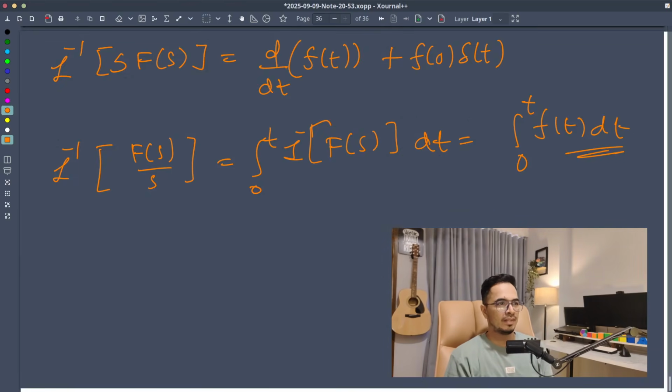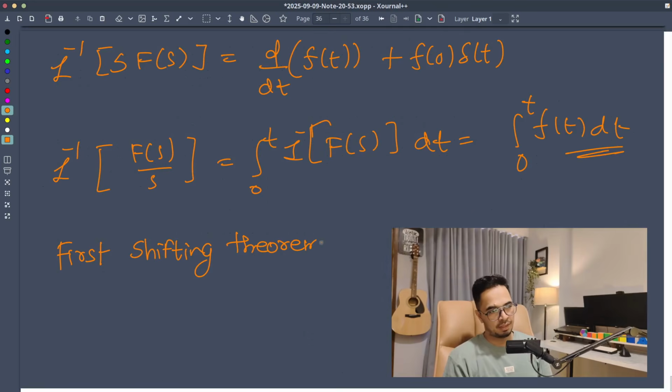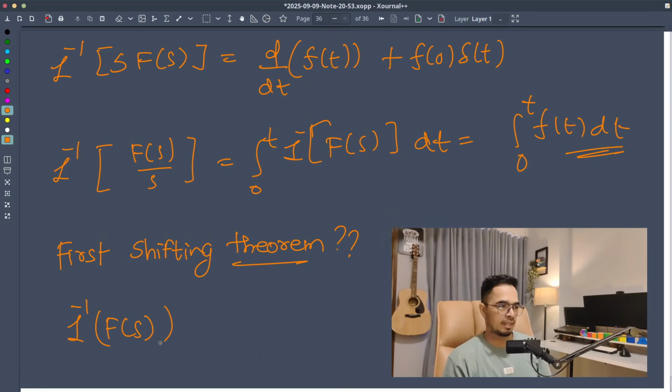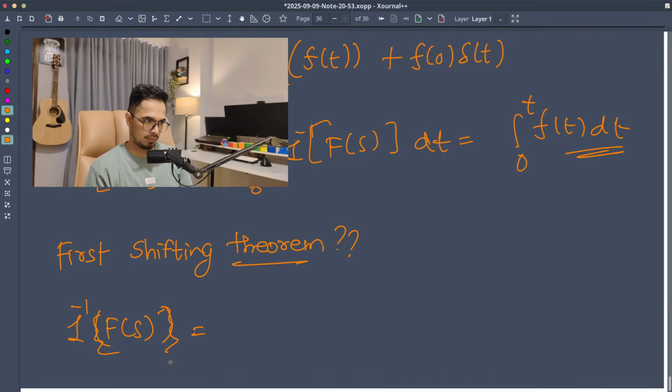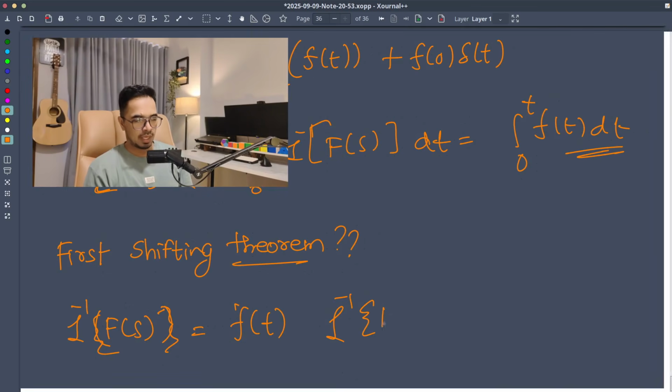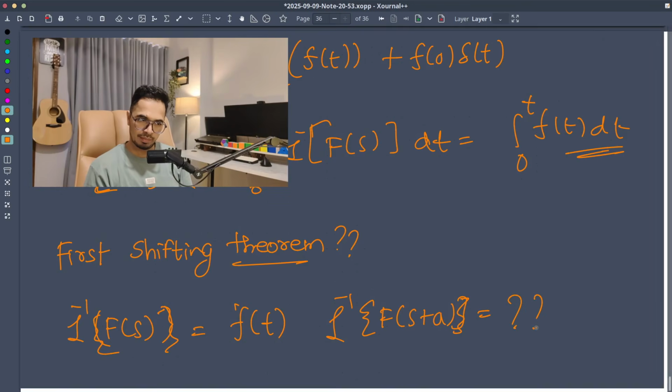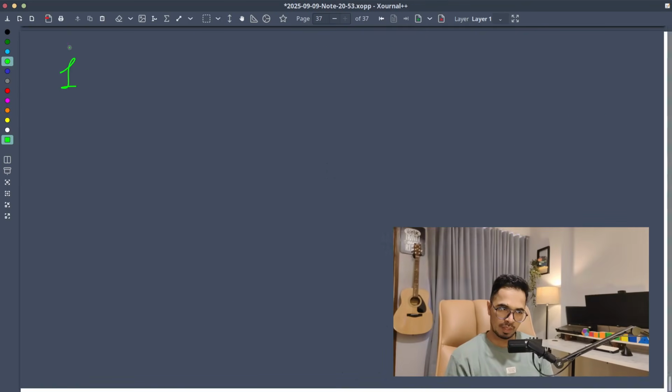So these things we have already seen, but we are now looking at it from a different perspective. What about the first shifting theorem? If we look at the first shifting theorem, the inverse Laplace transform of F(s + a) could be written in terms of f(t).